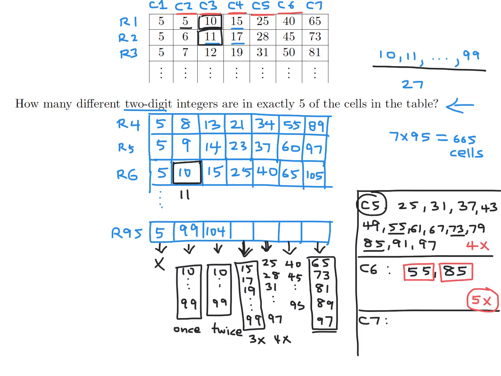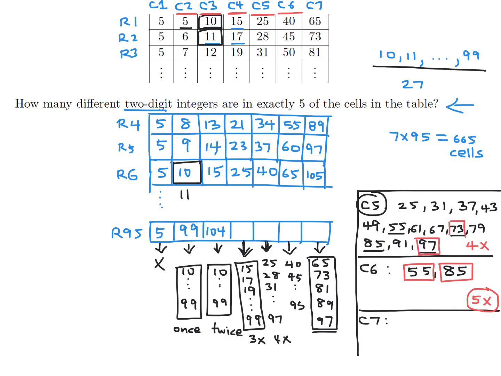No, and 89 no, 97 does. Hold on. Yeah, 73 and 97, they do. 73 and 97. Okay, so 73 and 97, I got them in 5.